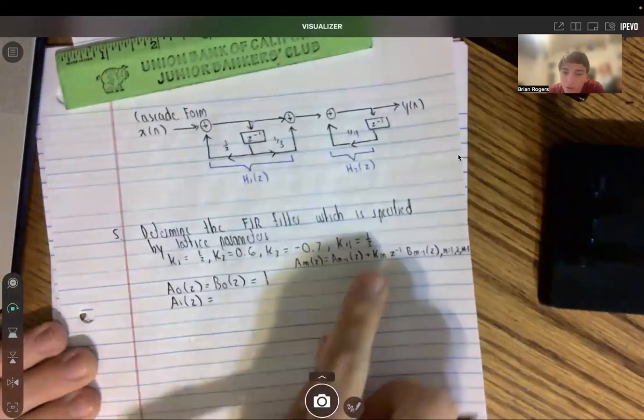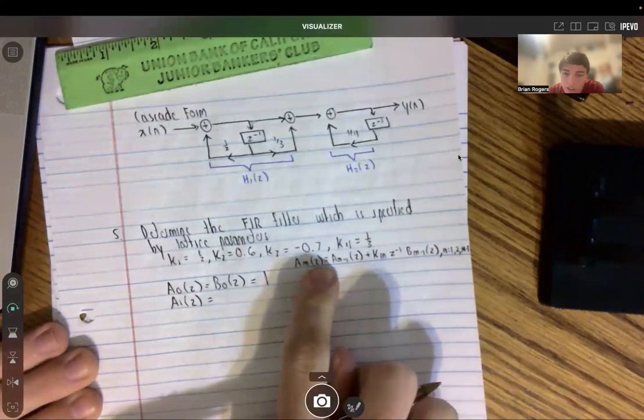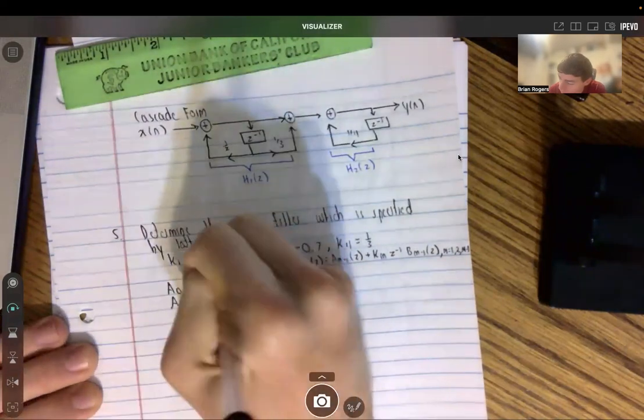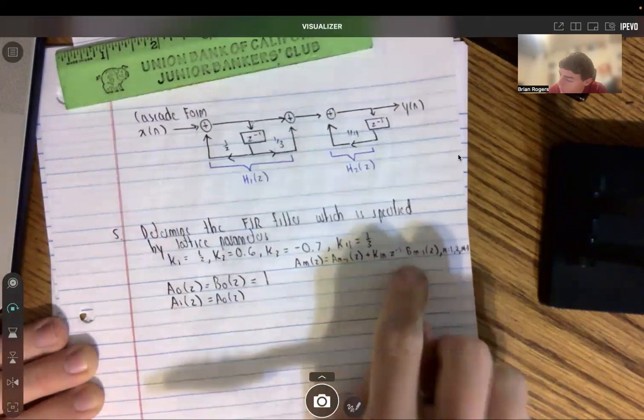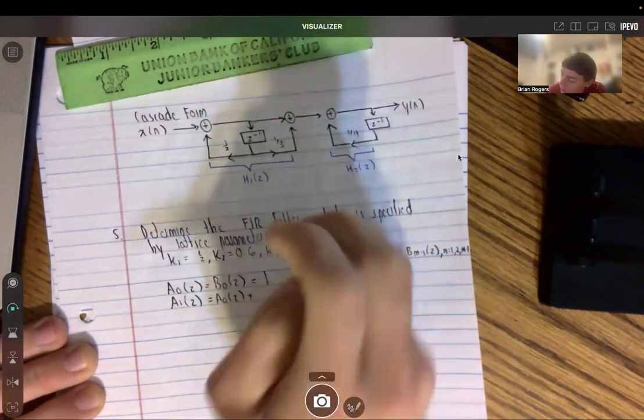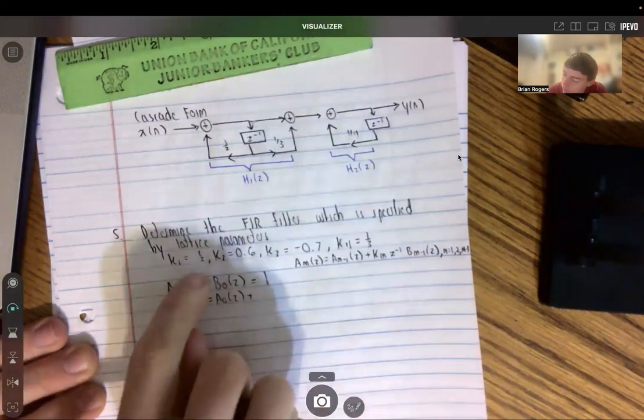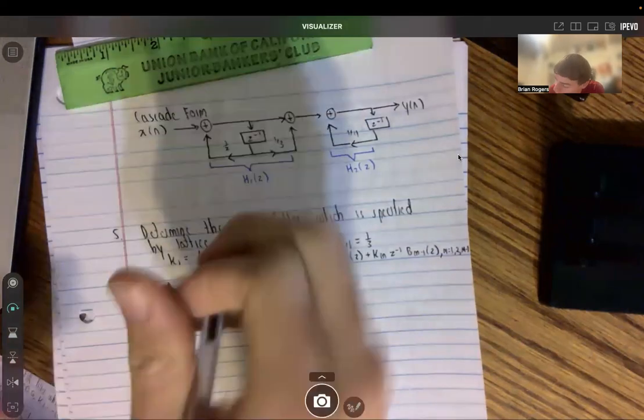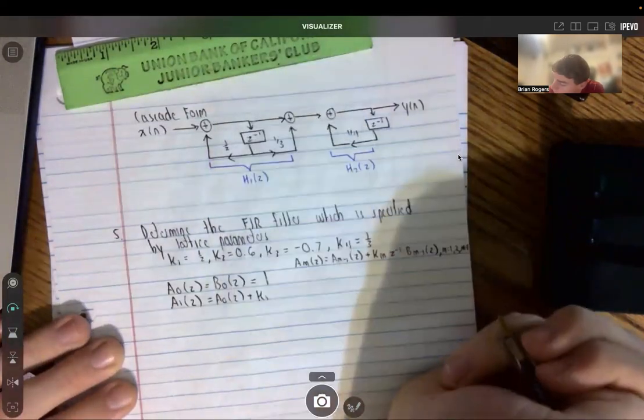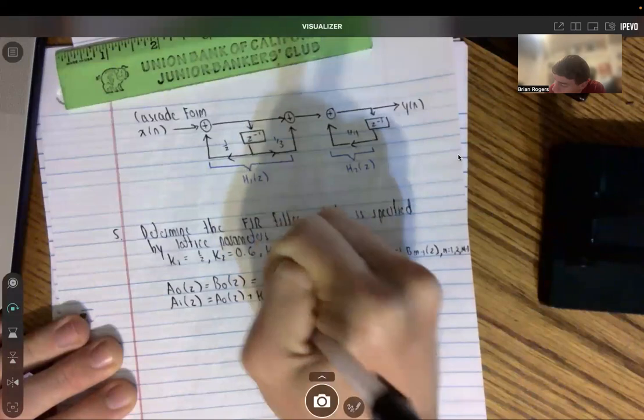So here, your A1 of z is going to equal A0 of z, and then plus, if we start out with m equals 1, it's going to be plus K1 and then B0 of z.